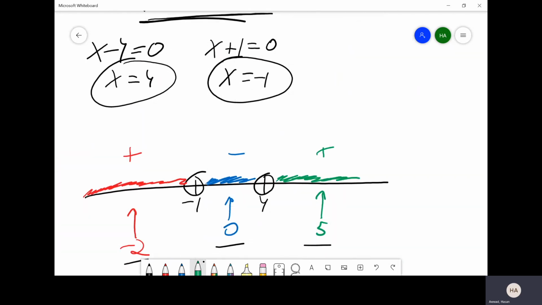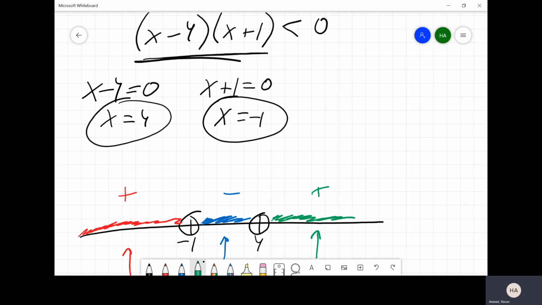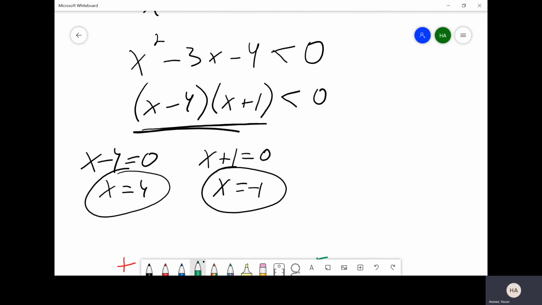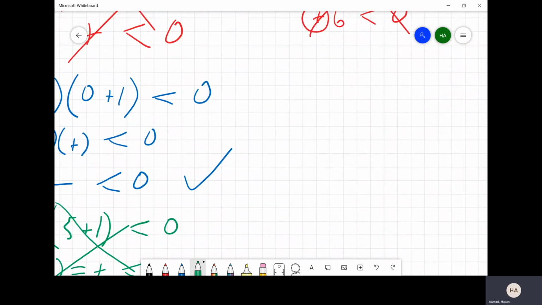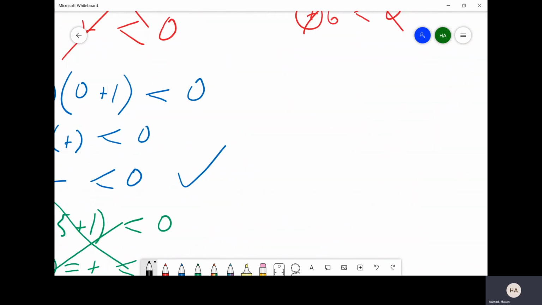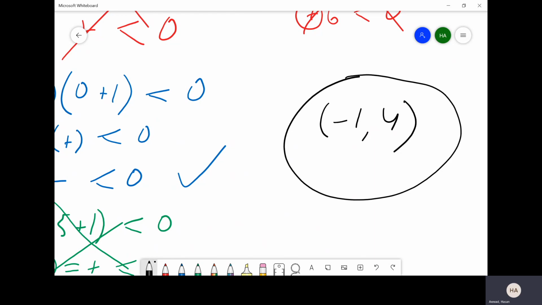The reason that we care about this interval is because we're looking for all of the numbers that would make the left side less than 0. Hence, we only care about the middle interval from -1 to 4. So we write our final solution set being -1 to 4, and obviously we use parentheses because we are not including those values. So this is your final answer.